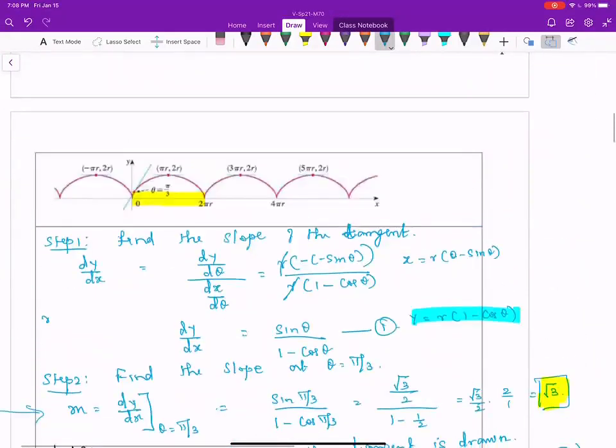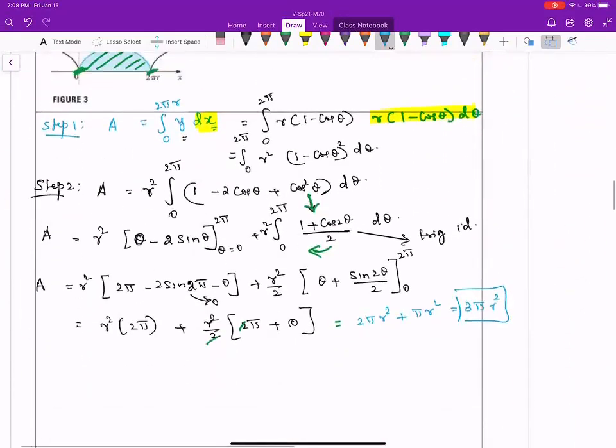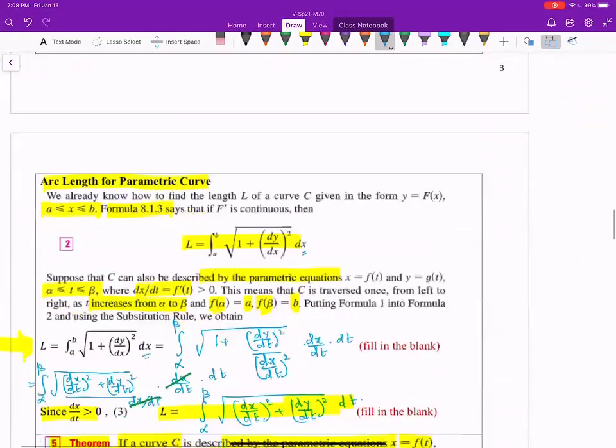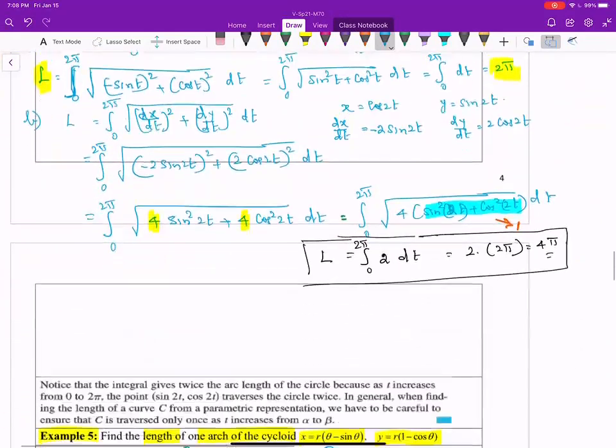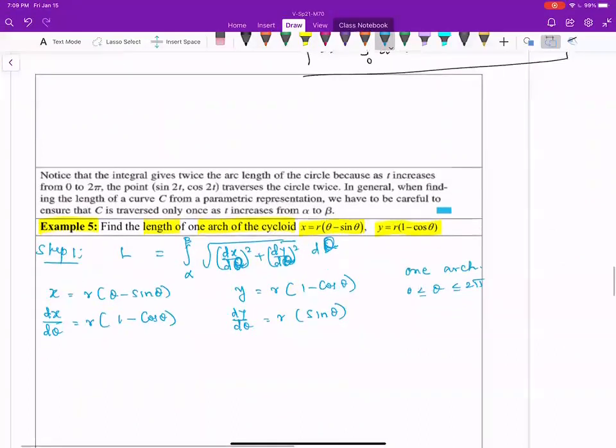In x it is 0 to 2 pi r, and in terms of theta it is going to be from 0 to 2 pi. So we change this to 0 to 2 pi. For one arch of the cycloid, theta runs from 0 through 2 pi. It makes one complete rotation of the coin.